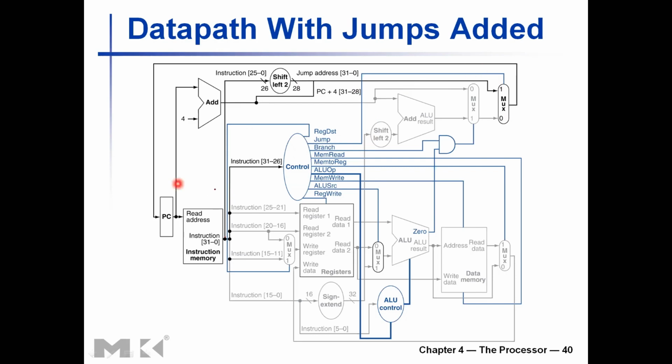So looking at the opcode, if the opcode is 2, or if this is a jump instruction, then you need to set this control signal high, or set it to 1. So you take the 1 input, which is this new concatenated address, and send it to the program counter. That is how you add the elements for the jump instruction into the data path and generate the necessary extra control signal.